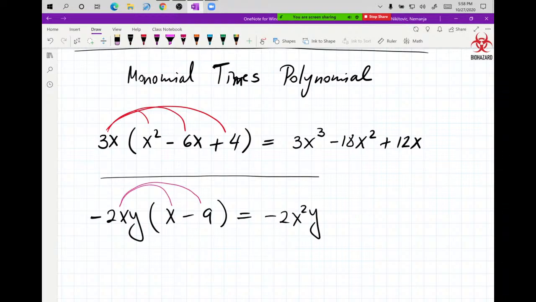And then negative times negative makes a positive, so plus 18xy. So you can see that now all of the signs are completely opposite of what the parenthesis had, because we multiplied by a negative in front.